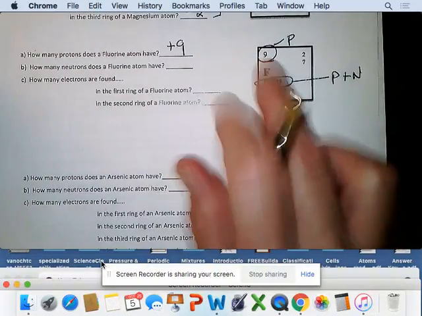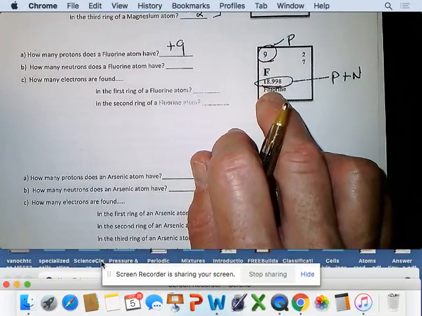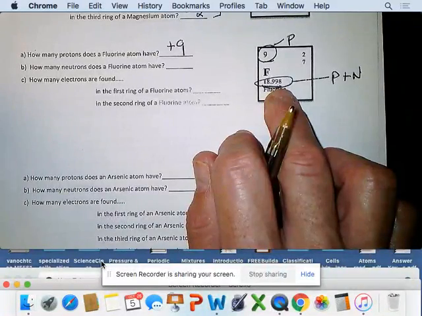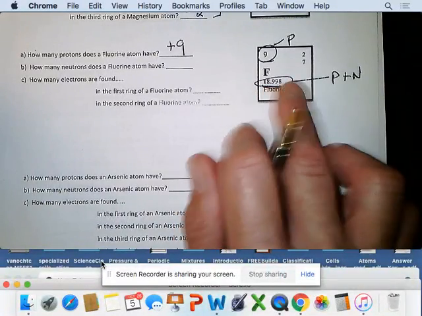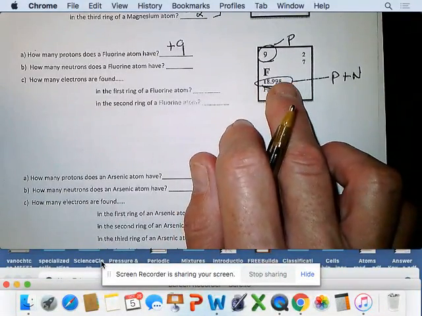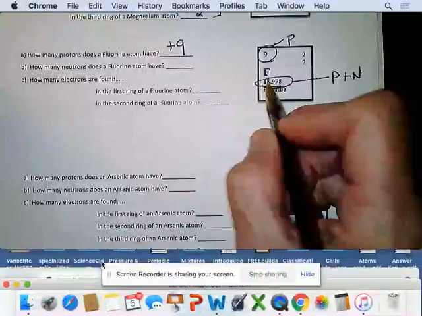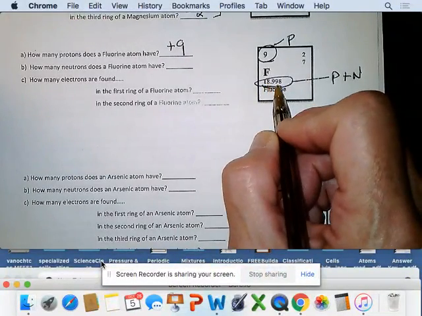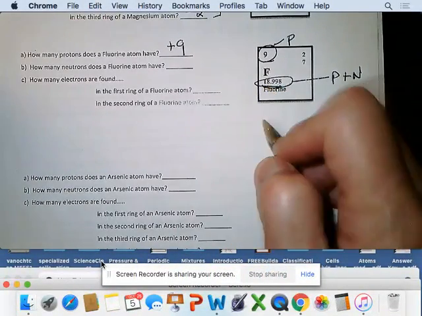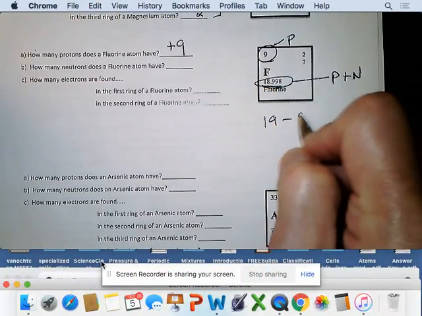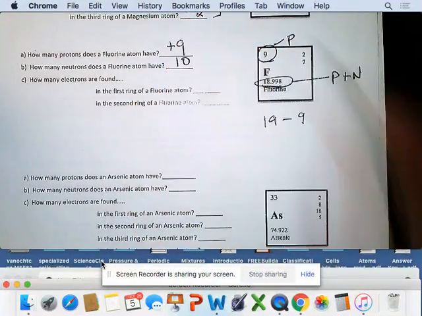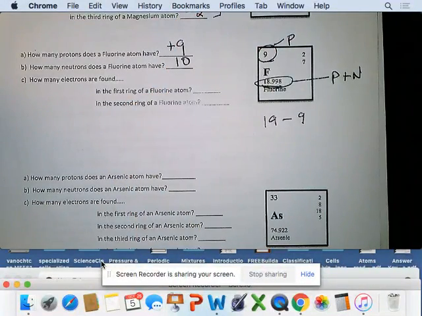What do we have to do with it before we subtract? Do we deal with it as a decimal? No, so what do we do? Round it. Yep. Is it closer to 18 or 19? 19.